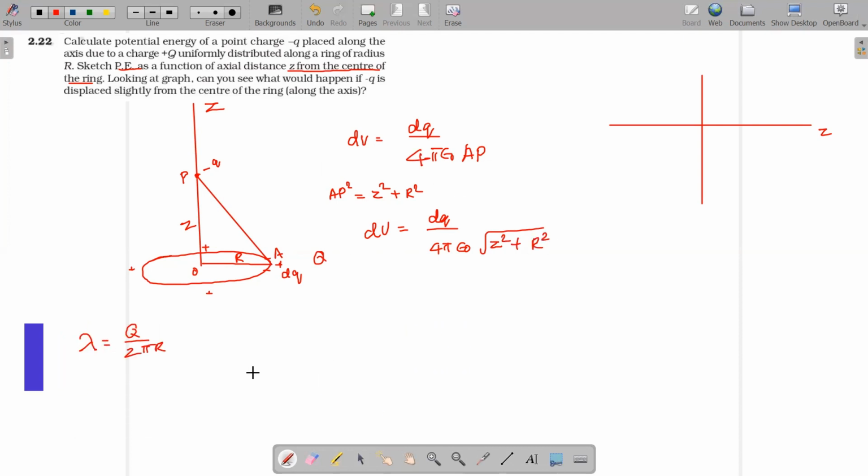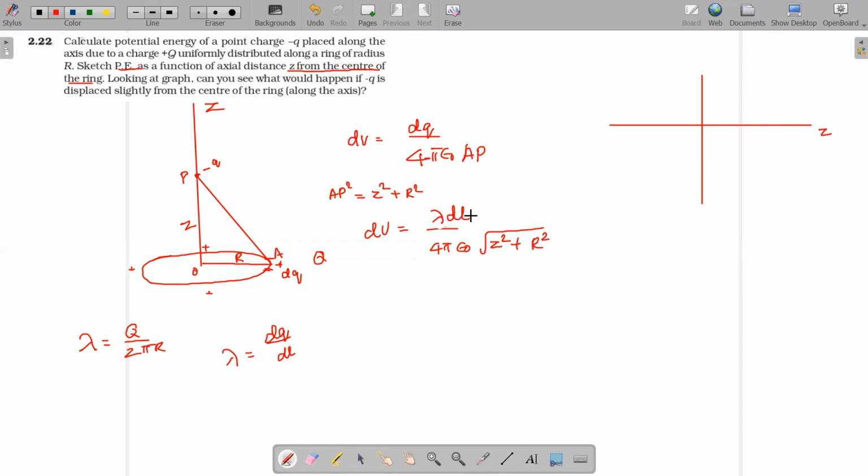What is dq? We know linear charge density is charge of a small portion by length. The length is a small dl. Having a charge dq, we can substitute dq as lambda dl.